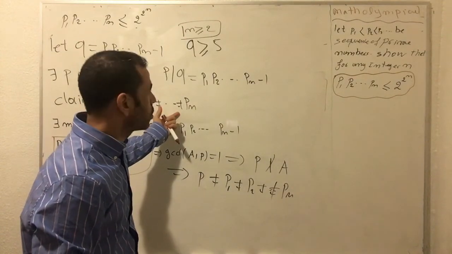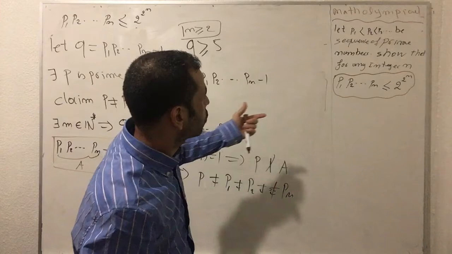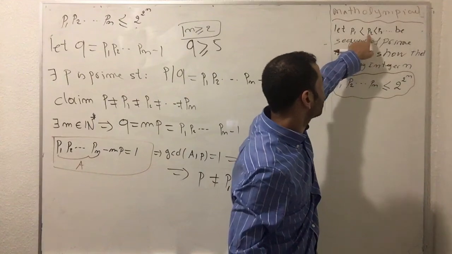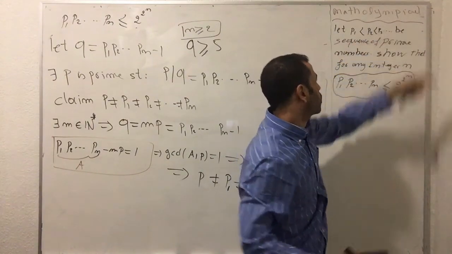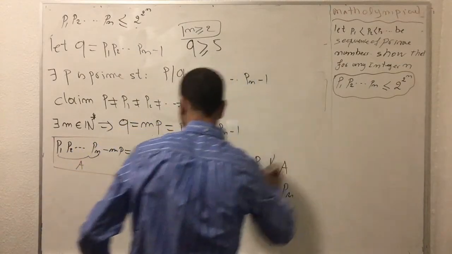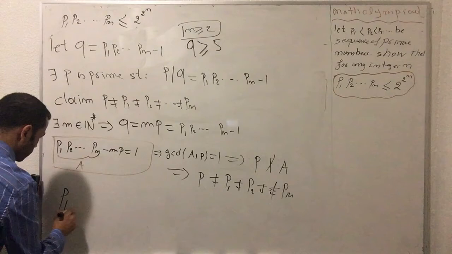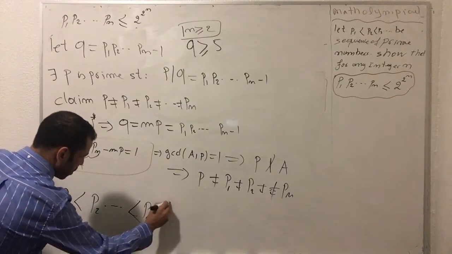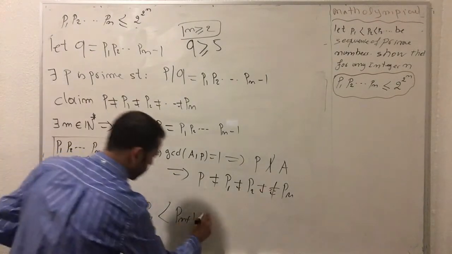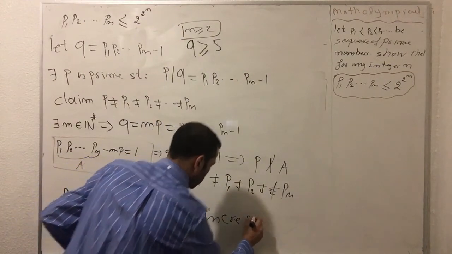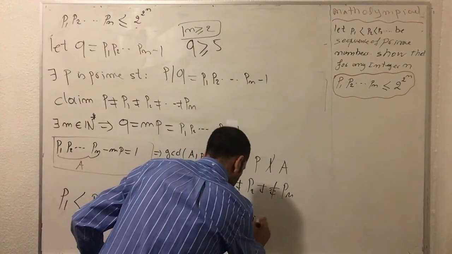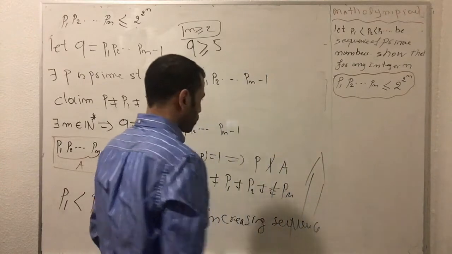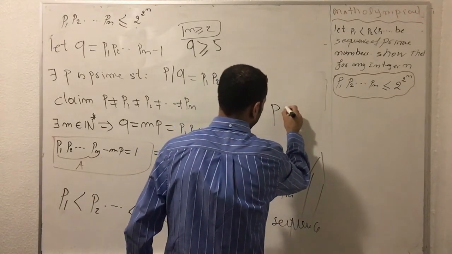Since this is an increasing sequence, P1 is less than P2, less than P3, and so on, P should be bigger.